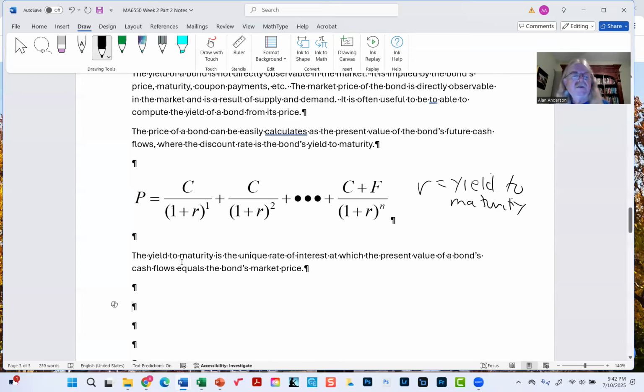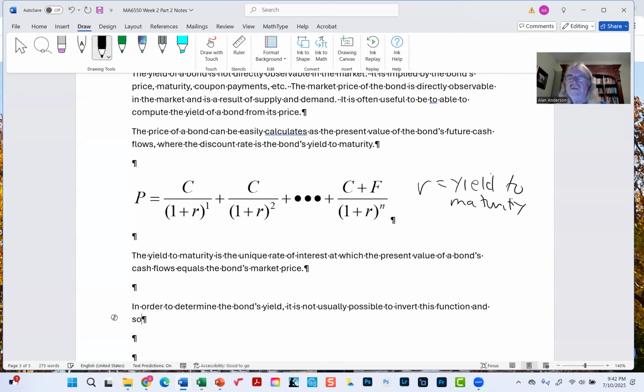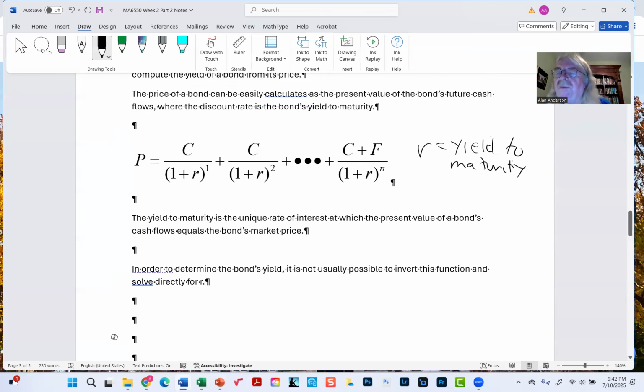Now, here's the issue we're up against. In order to determine the bond's yield, it is not usually possible to invert this function and solve directly for R. That would be wonderful, but it doesn't work that way.